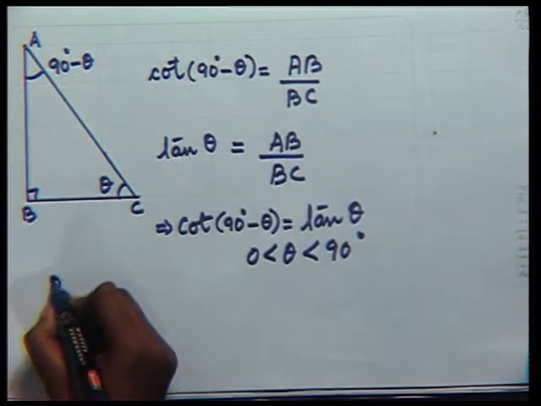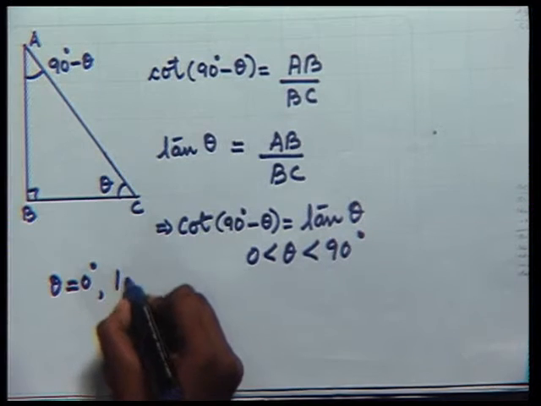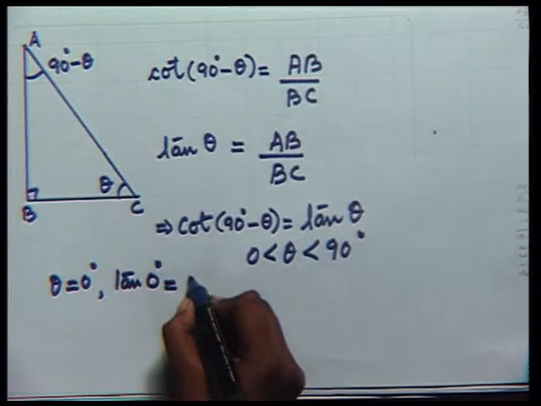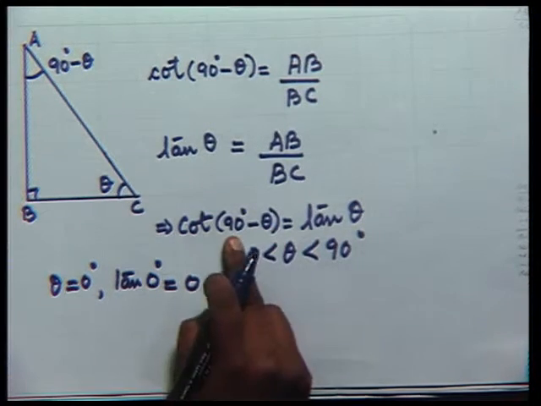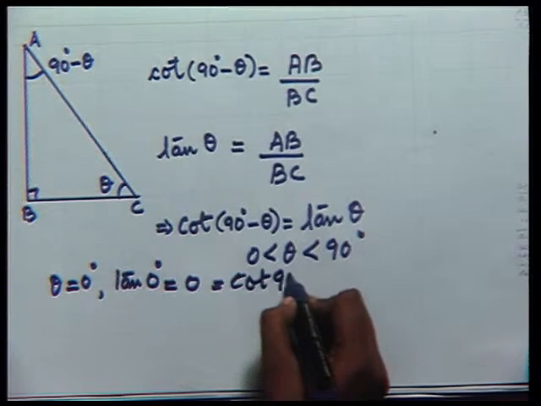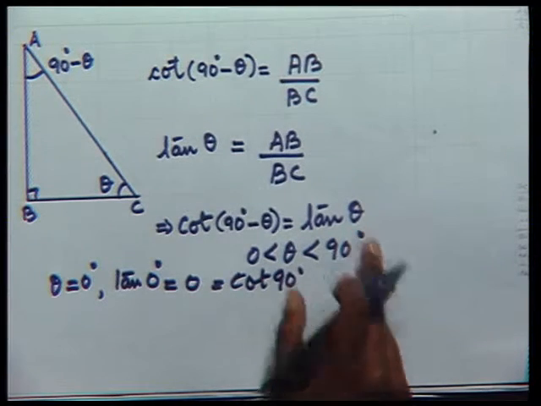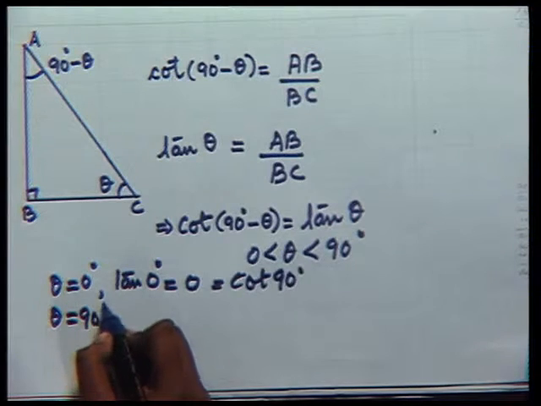Again you can check that for theta is equal to 0 degree, tan 0 degree is equal to 0 and cot (90 minus 0) becomes cot 90, whose value is again 0. So, for theta is equal to 0 degree, this equation is defined. What happens when theta becomes equal to 90 degree? Let us see.